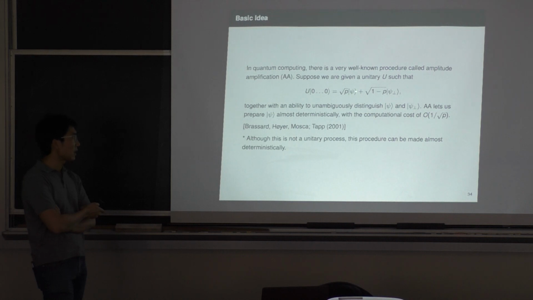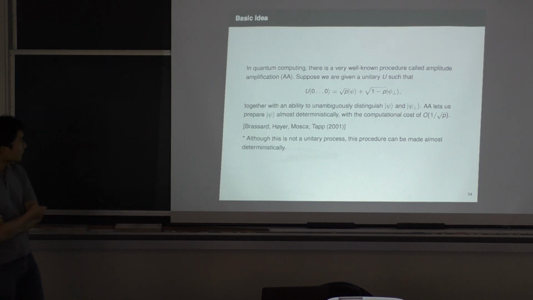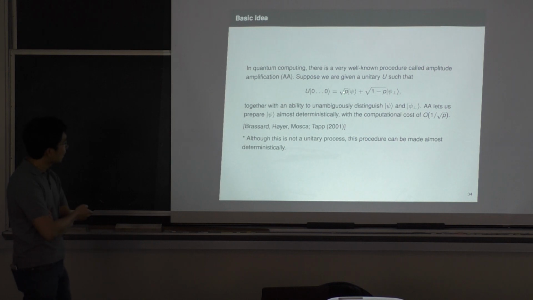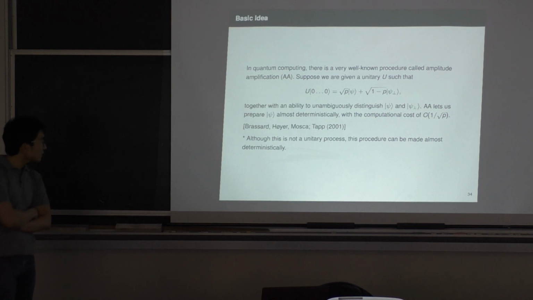We get a state that we want, let's say psi, with a probability p, and some state that we do not want with a probability 1 minus p. And what this procedure allows us to do is to boost this amplitude all the way to 1, provided that you have an ability to unambiguously distinguish psi and psi perpendicular.